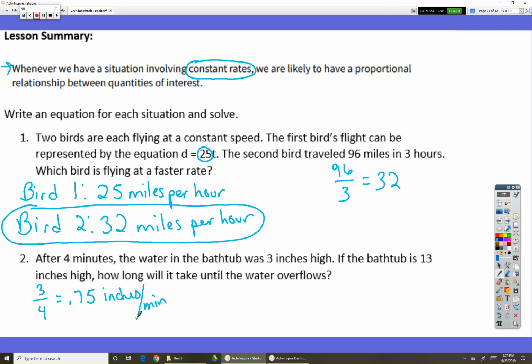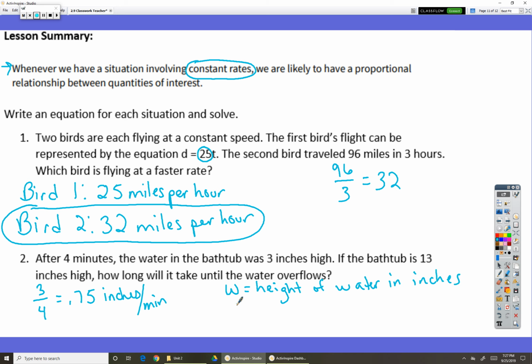Now, if the bathtub is 13 inches high, how long will it take until the water overflows? Well, let's write an equation first. So let's let W stand for the height of the water in inches.